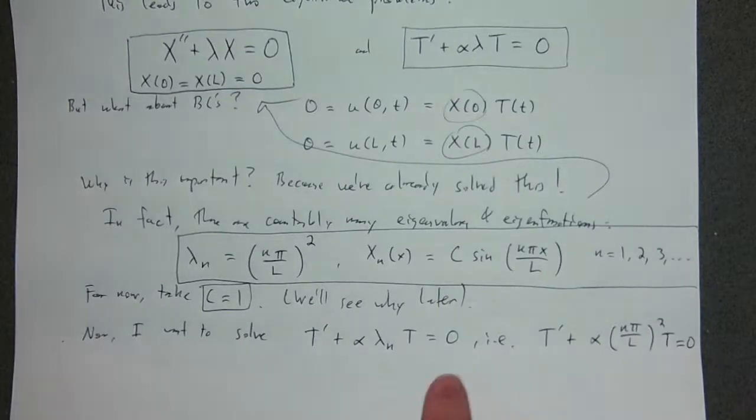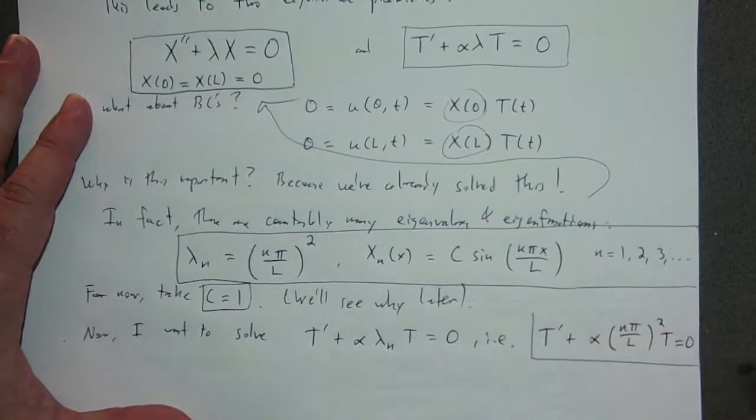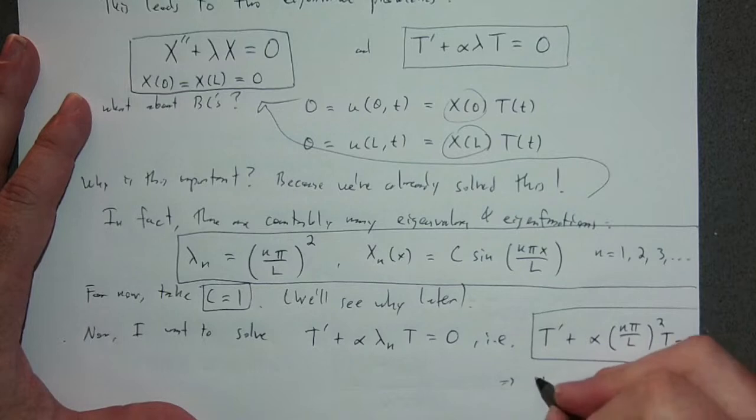This is linear constant coefficient. This is about as easy as it gets from ODE, right? This is basically something you do on either day 1 or day 2 of ODE. If you don't believe me, remember, this is just a constant, right? Doesn't matter how scary that looks.